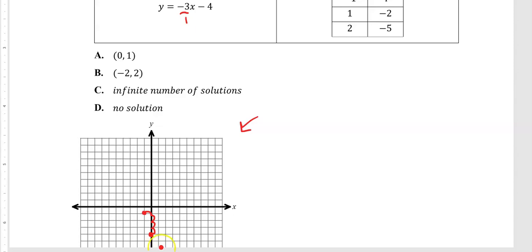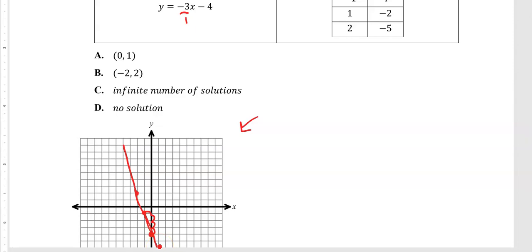Okay, you can see that my slope is still a negative slope. 1, 2, 3 over. So here's kind of my line here. You can kind of see it going 3 like that a bit. I obviously would recommend that you use a ruler, but it's hard to do on a computer screen.